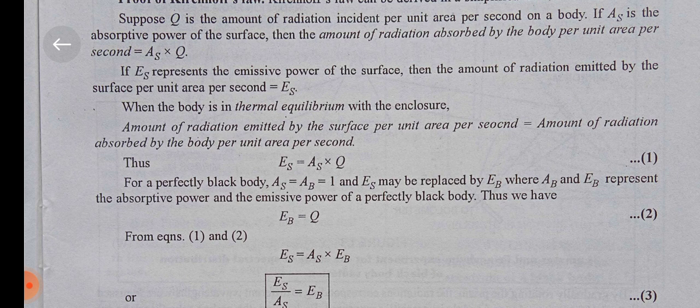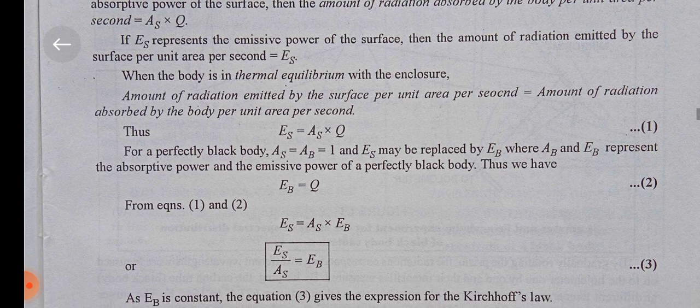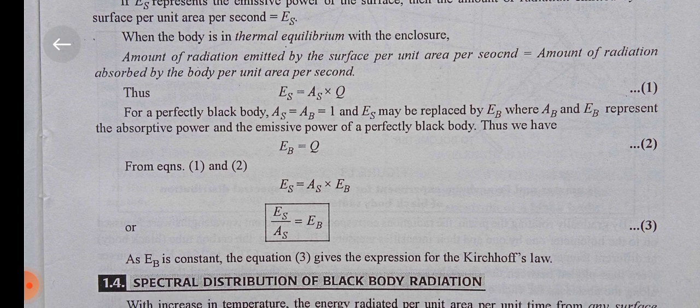When the body is in thermal equilibrium with the enclosure, the amount of radiation emitted by the surface per unit area per second is equal to the amount of radiation absorbed by the body per unit area per second. That is, ES is equal to AS into Q. For a perfectly black body, AS is equal to AB is equal to 1 and ES may be replaced by EB, where AB and EB represent the absorptive power and the emissive power of a perfectly black body.